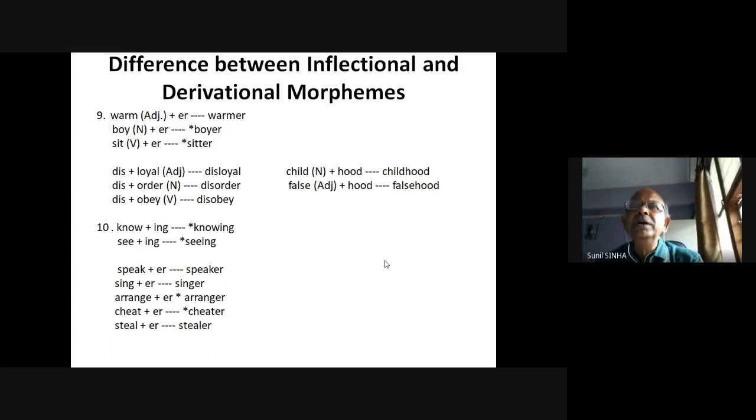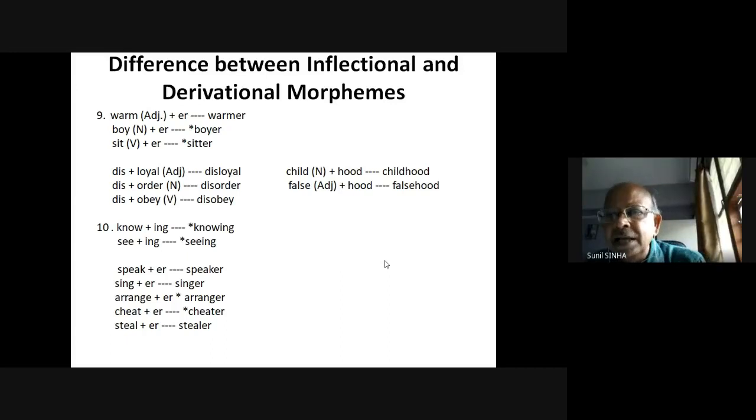To how many words can you add ment? Manage, management. You will have to think of that. Take ER, which is added to a verb to convert it into a noun. ER here is a derivational morpheme. And so we get speaker. ER can be added to sing, and we get singer. A speaker means one who can speak. Singer, one who can sing.